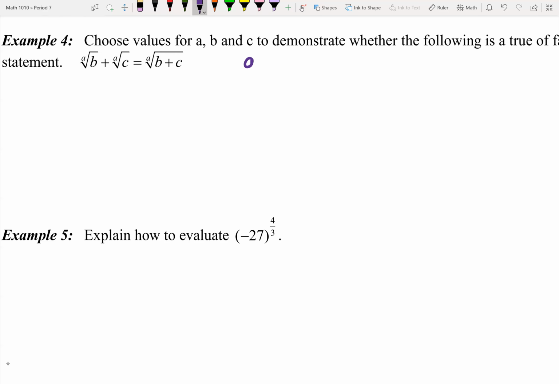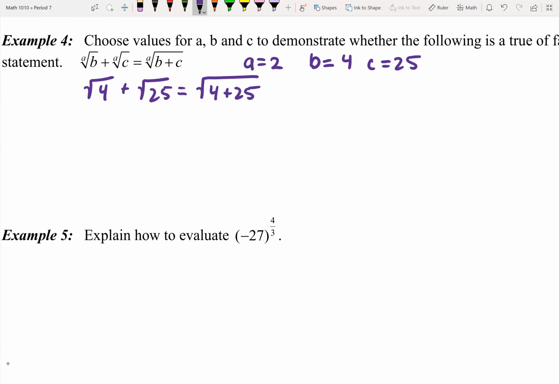Everybody write down A is 2, B is 4, C is 25. Let's see if this is true. So A is a 2, and I chose that because the square root is nice to work with, right? So this would be the square root of B, which is 4, plus the square root of C, which is 25. Is that equal to the square root of B, which is 4, plus C, which is 25?